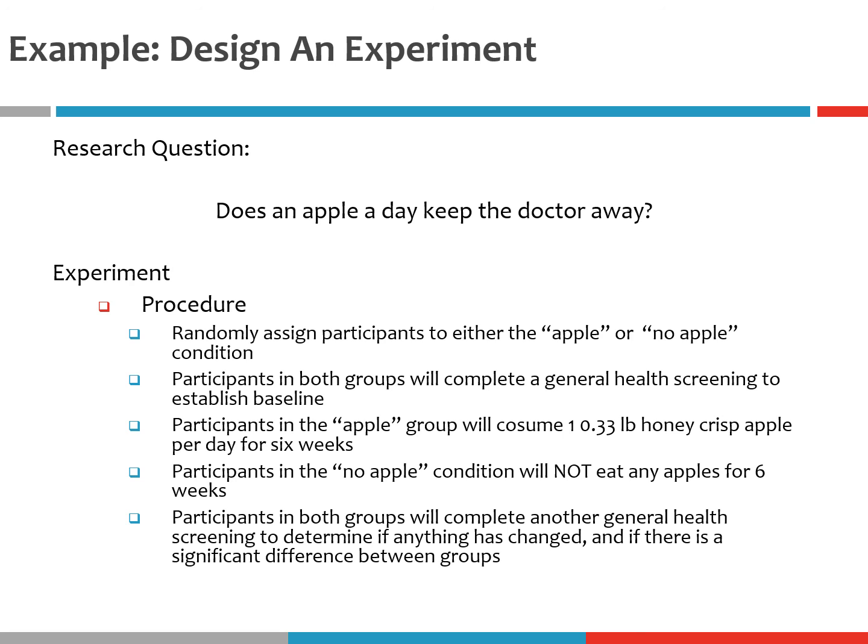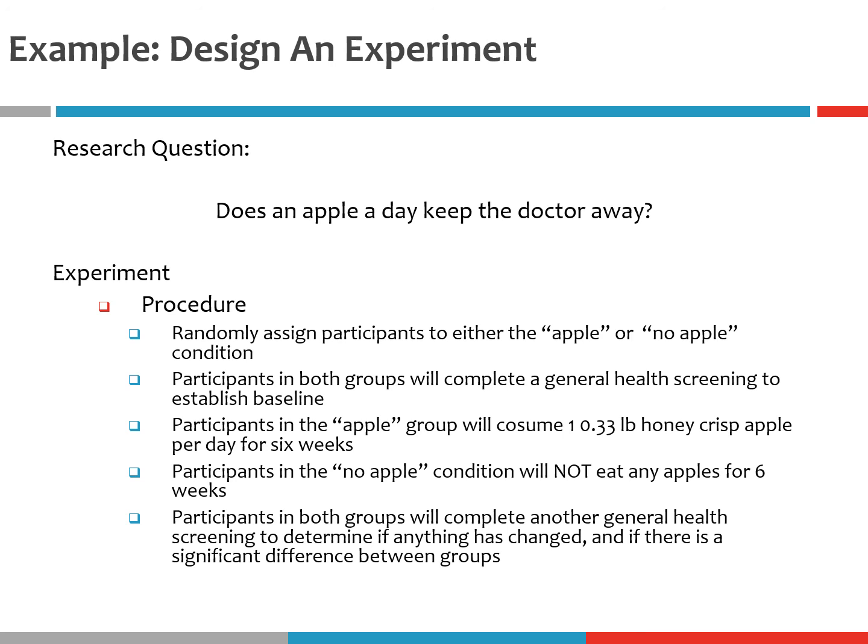So generally, if we would see a reduction in bad cholesterol, or a decrease in BMI, or a more normal blood pressure after the 6 weeks, that would give us evidence that the apple manipulation was indeed causal in allowing for more positive health outcomes.